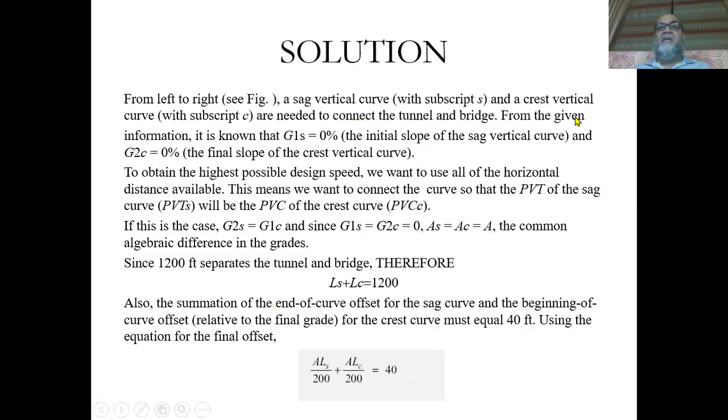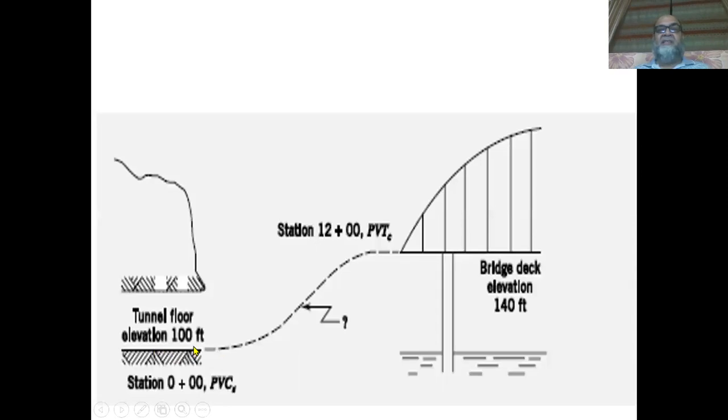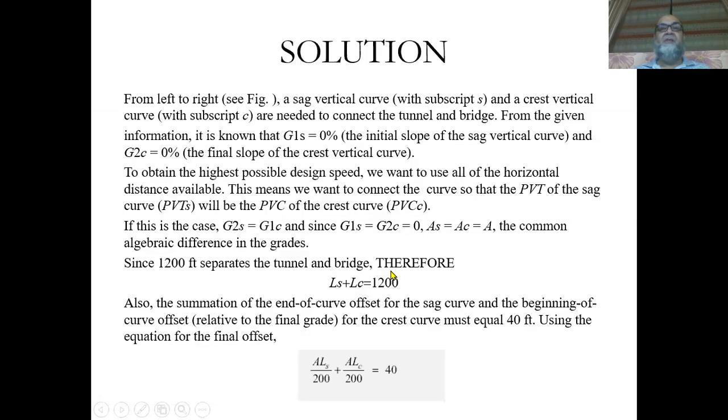For the sag vertical curve, from the given information, we know that G1 here is 0, and similarly G2 here is also 0 because they have no slope at all. So this is the final slope.